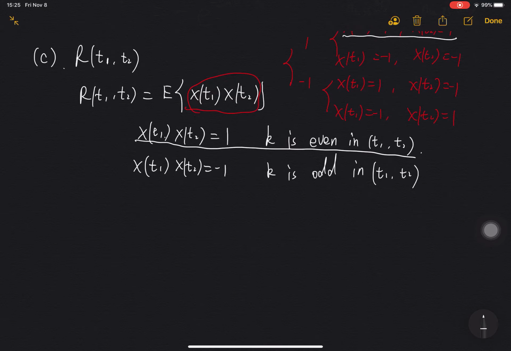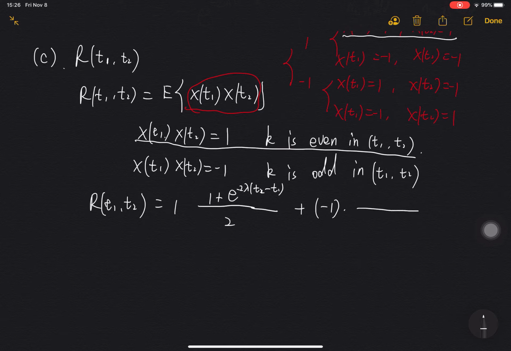So this became much easier, because now the correlation of T1 and T2 is 1 times (1 plus e to the minus 2 lambda (T2 minus T1)) over 2, where the t right now is T2 minus T1, plus minus 1 times (1 minus e to the minus 2 lambda (T2 minus T1)) over 2.